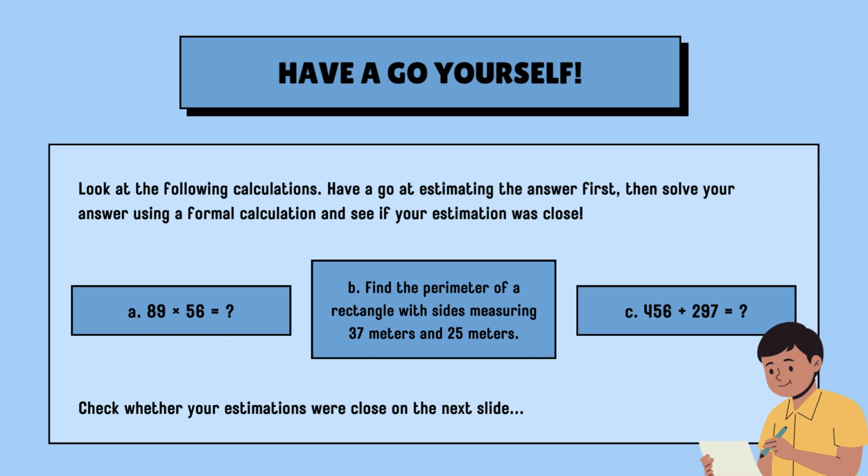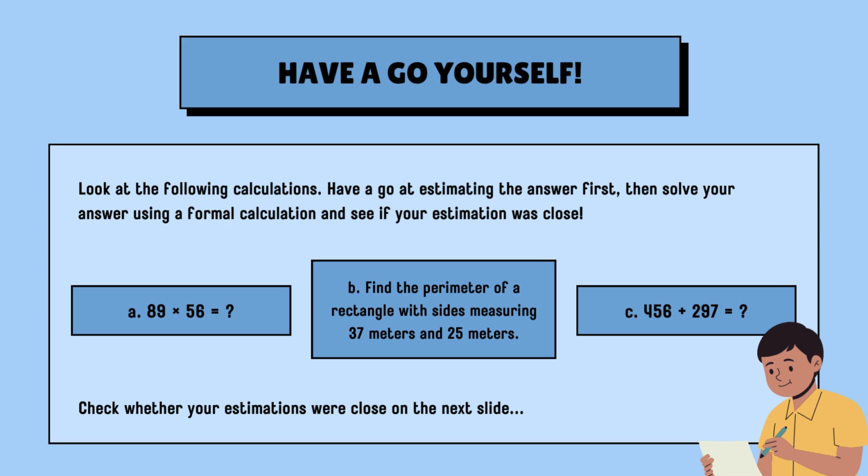Have a go yourself. Now try this example on your own. Look at the following calculations. Start by estimating the answer first. Then solve using the formula calculations and see if your estimation was close. A is 89 times 56. B says find the perimeter of a rectangle with sides measuring 37 meters and 25 meters.